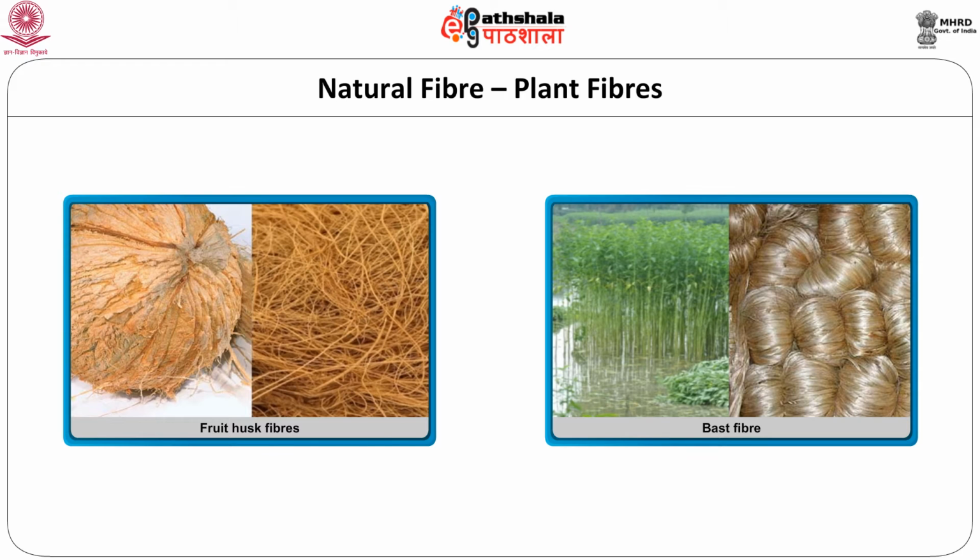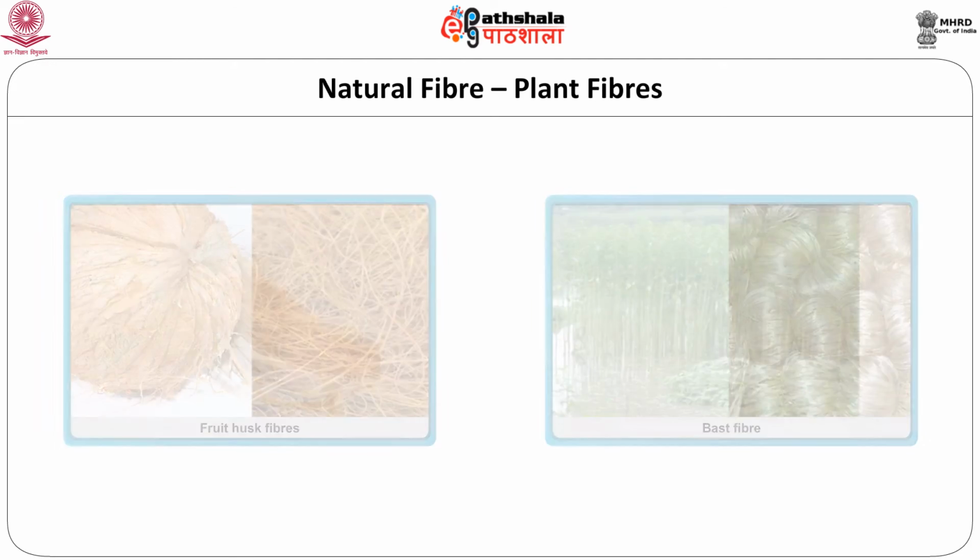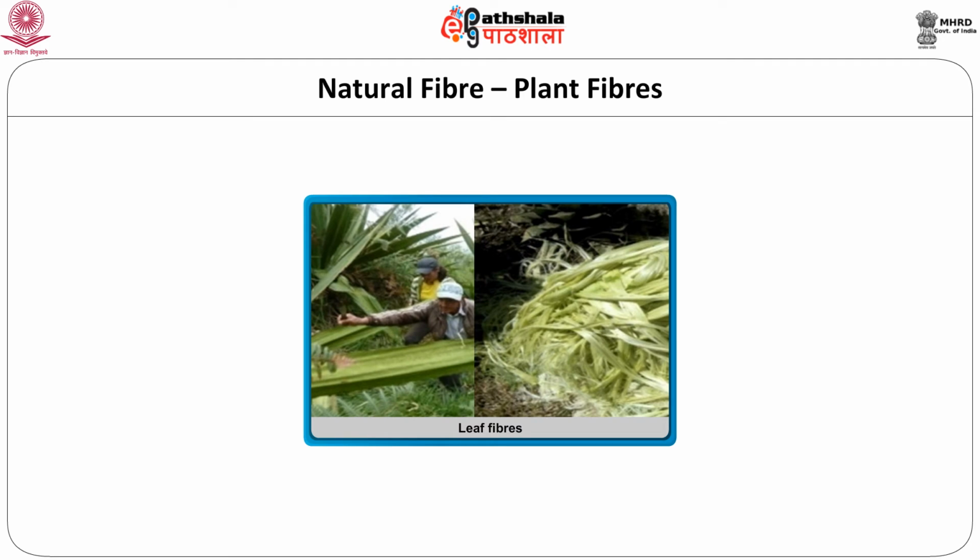These fibers are also termed as stalk fibers. The fibers are obtained from the stalk or stem of the plant, for example, flax, jute, hemp, ramie and banana fibers. Leaf fibers. Fibers are collected from plant leaves, for example, sisal and pineapple fibers.